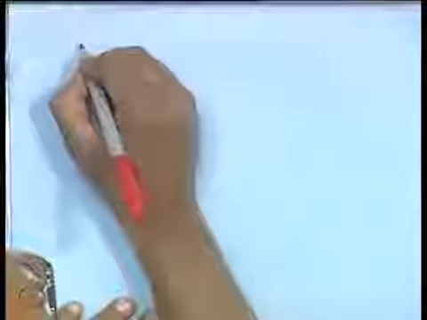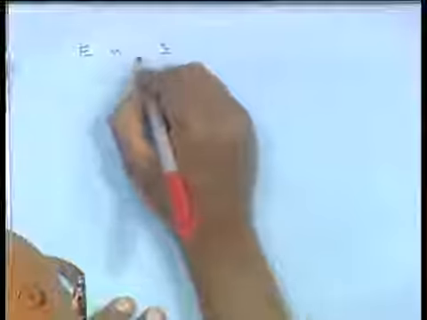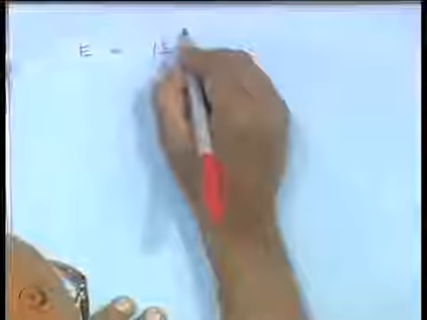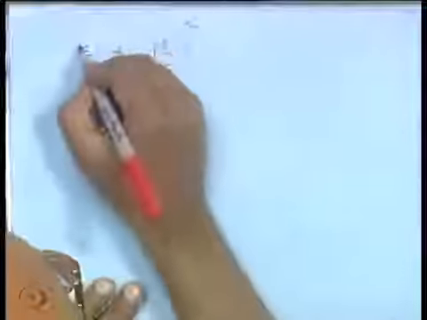For example, the energy we know is L by T square, right. Or let us work out how the velocity changes first.